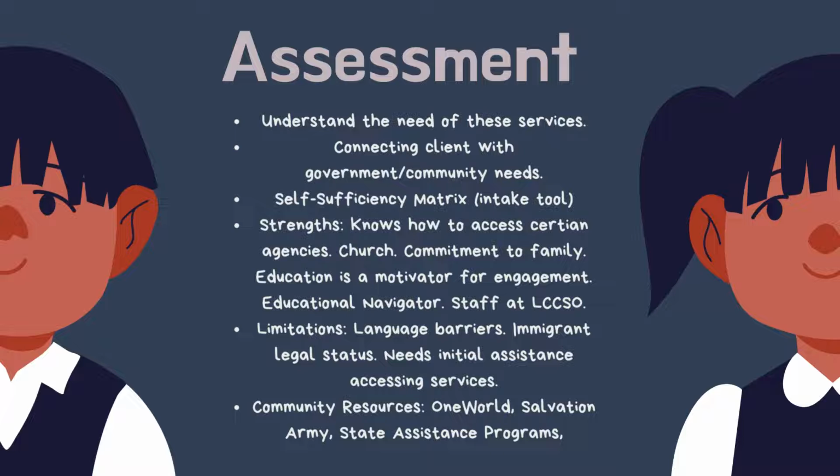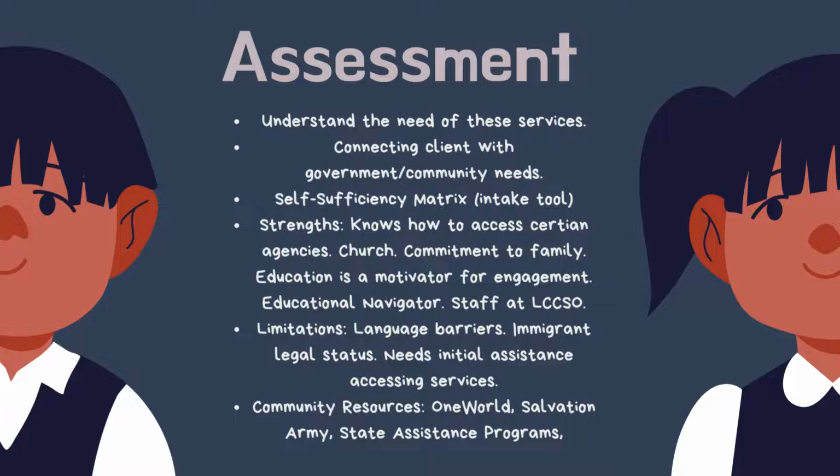So as we look at the strengths, this participant has access to different services around the community, including food banks, food pantries, medical services, the learning community, and different services like Heart Ministry. She's gone to Heart Ministry before.